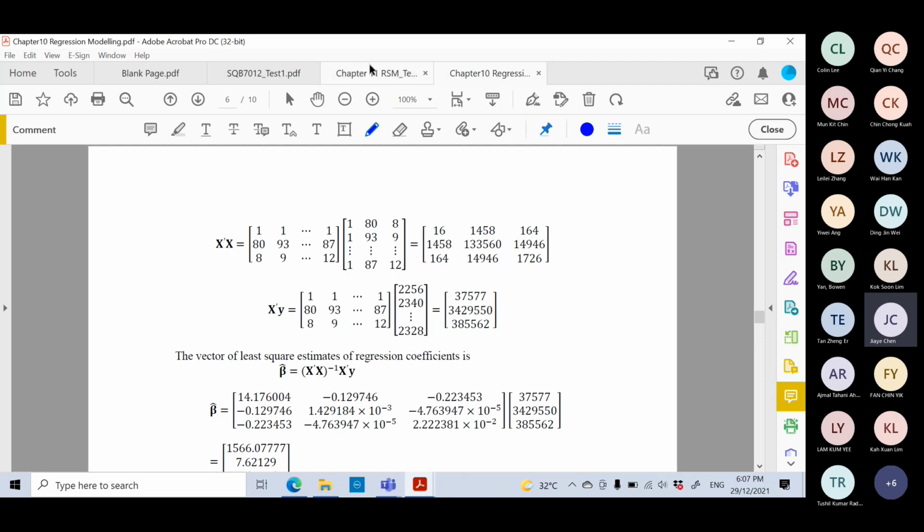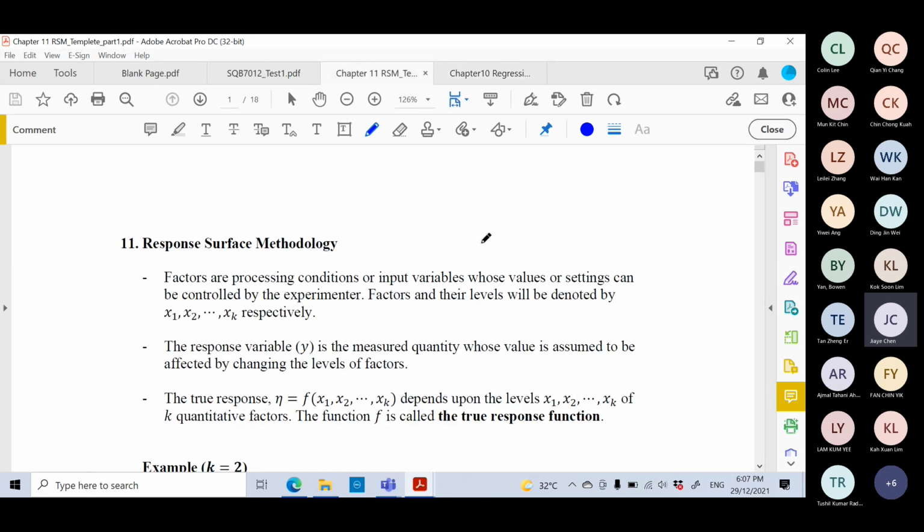Now we will start the following chapter, called response surface methodology. Under this methodology, we want to include certain factors in the model. In our earlier study, we had different factors, factor A, factor B, factor C, and so on, and in factorial analysis you have interaction effects.